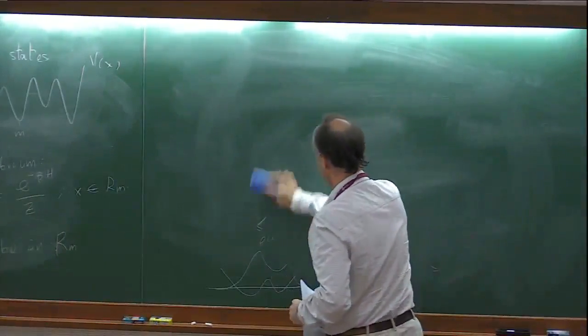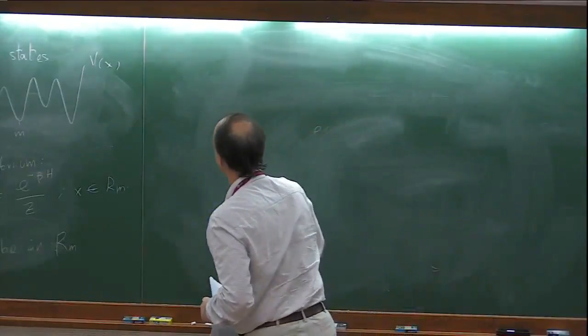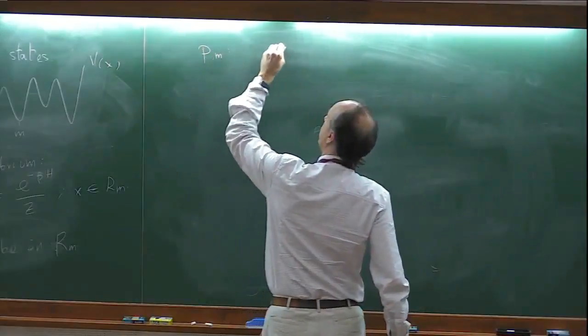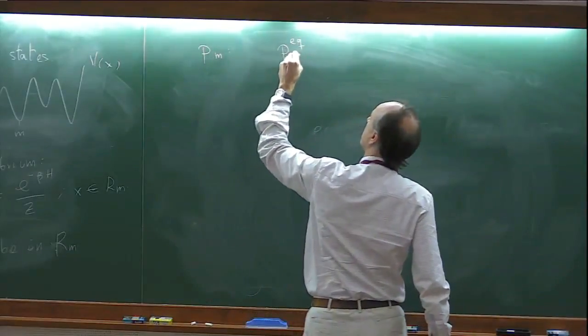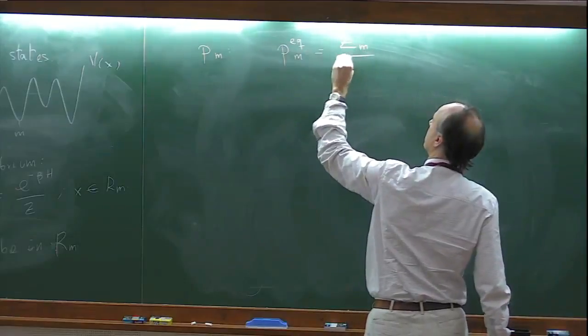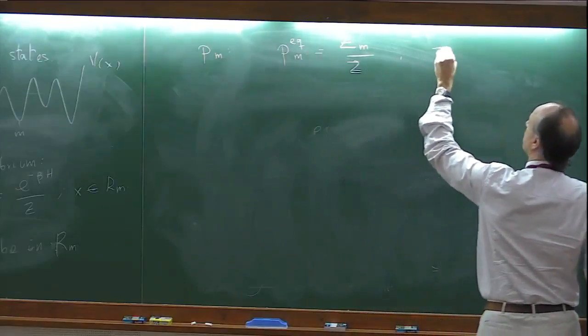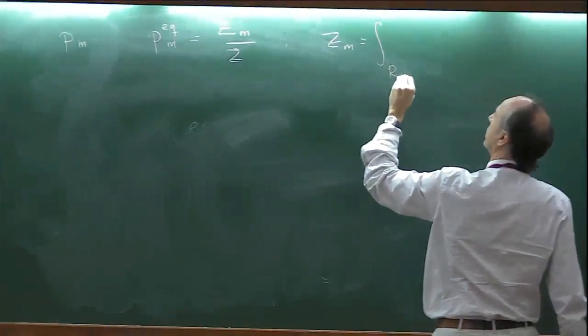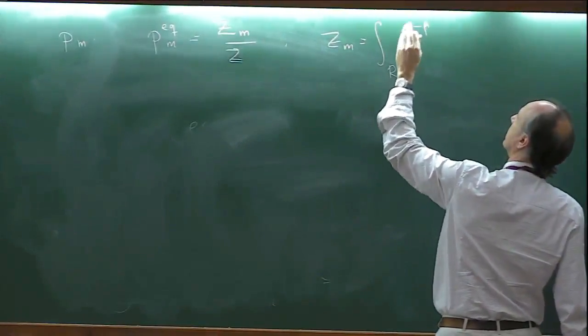So my informational states are going to be defined by Pm. And actually the equilibrium Pm, one can show that it's Zm divided by Z, where Zm is this integral, an integral over the region M of the exponential of minus beta H.